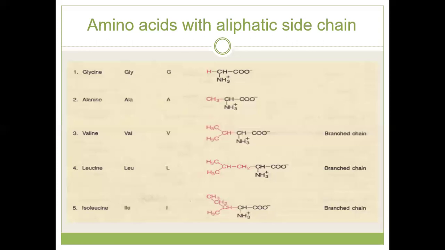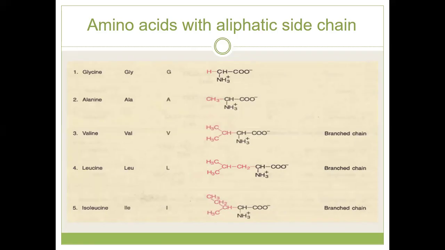So basically under this, the R group is basically an aliphatic group. But we have simpler ones, which we say the glycine and alanine, and we can see the R group is just a hydrogen and then a methyl group.